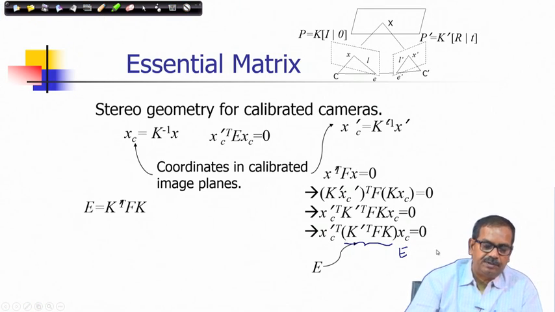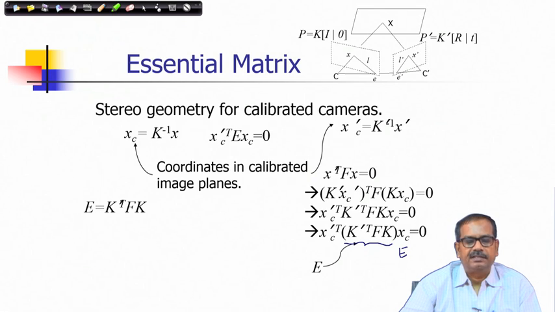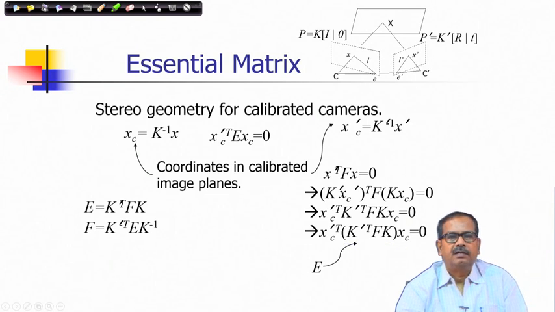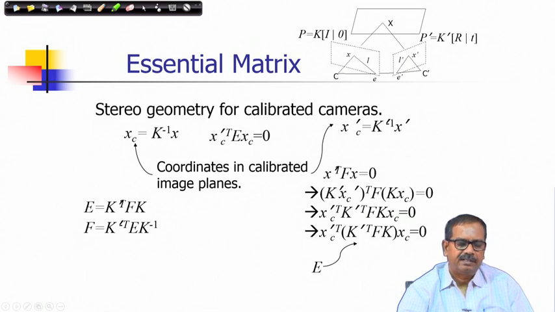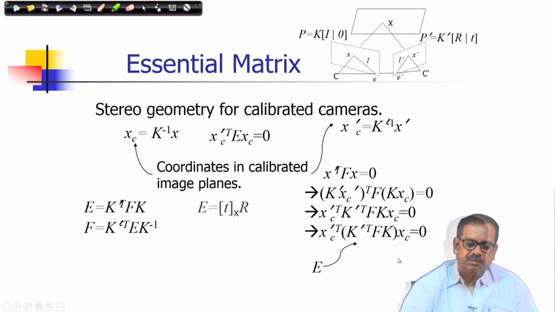So, the relationship between the fundamental matrix and the essential matrix can be expressed using these calibration matrices as E = K'^T F K. K' is the calibration matrix of the second camera and K is the calibration matrix of the first camera. Similarly, you can also get the fundamental matrix from the essential matrix using those calibration matrices.